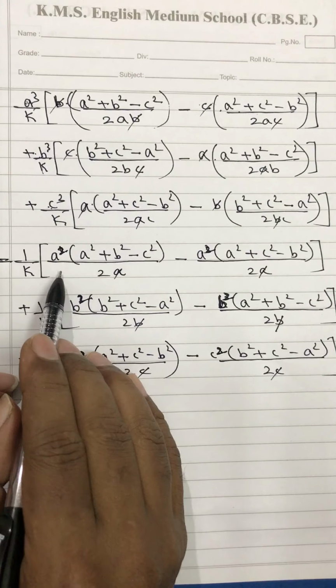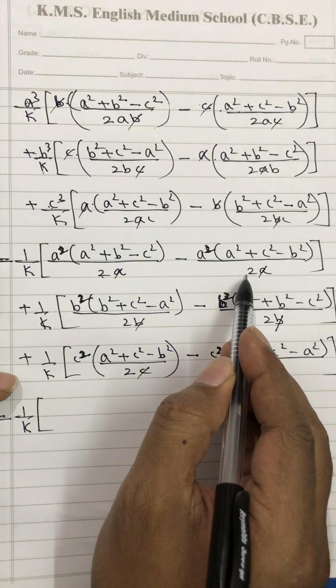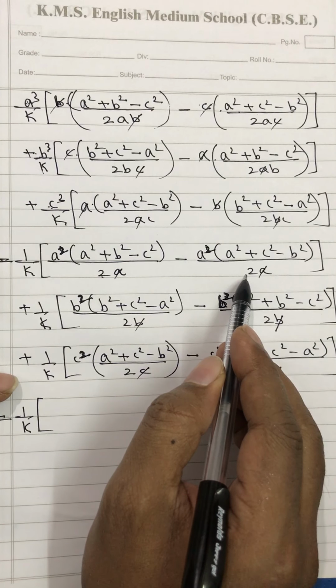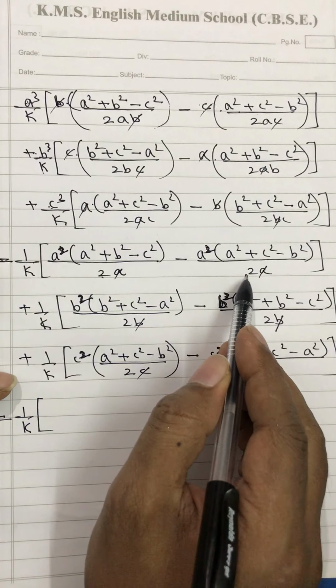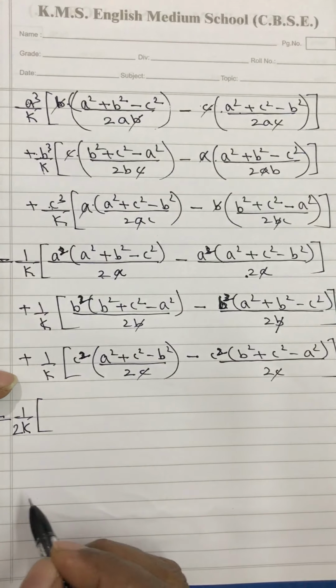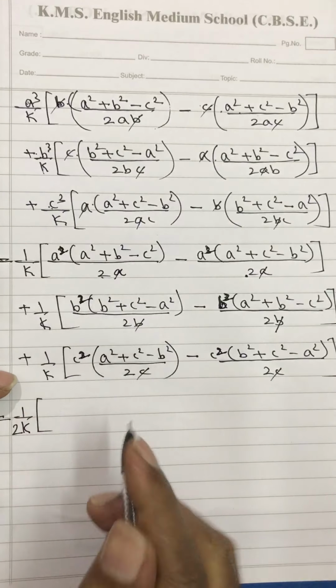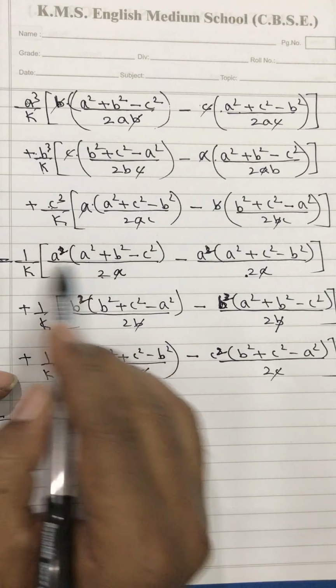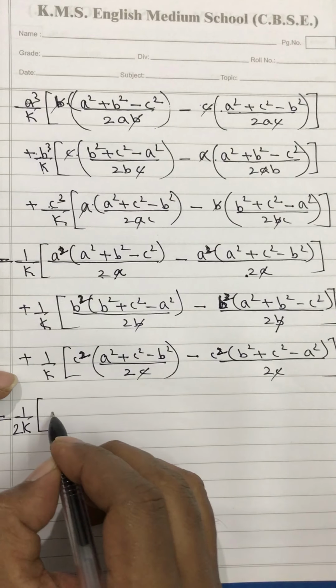So now if I multiply it further, it will become, see now this 2 and this 2 can go out, you can say, or you can do anything, common factor, anything. So this 2 can go out as a common factor, 1 upon 2k, 1 upon 2k, and inside you will get a cube plus a square b square minus c square.